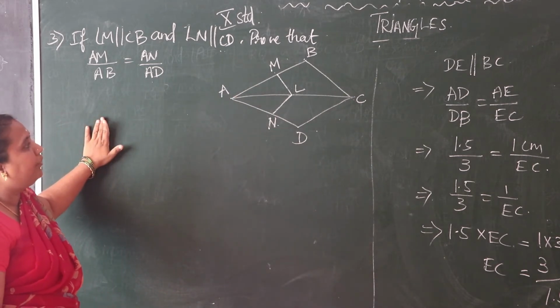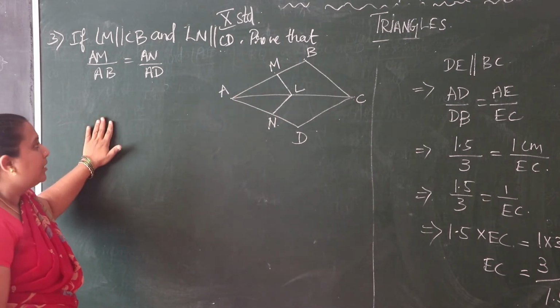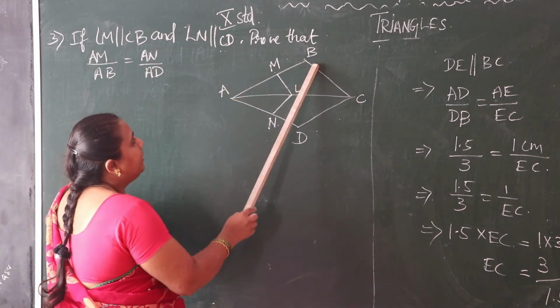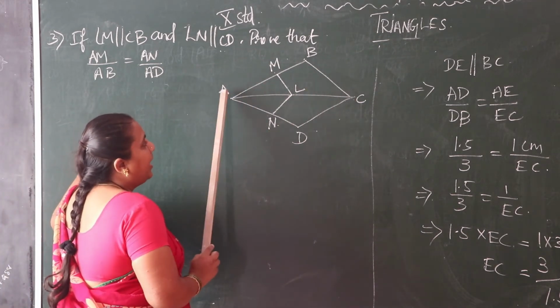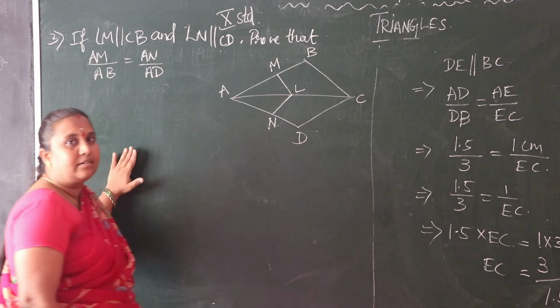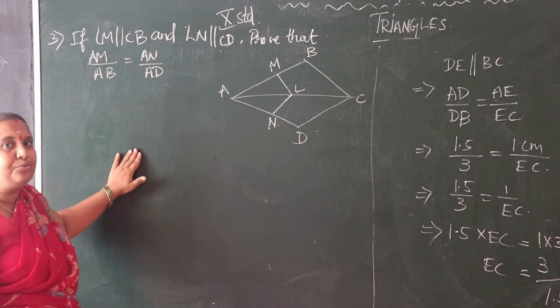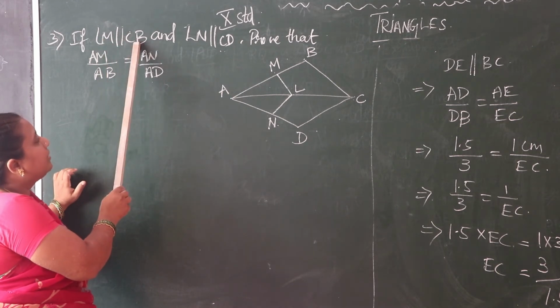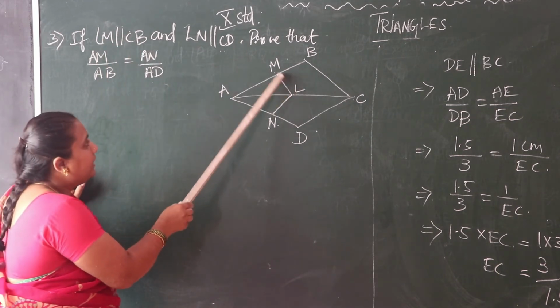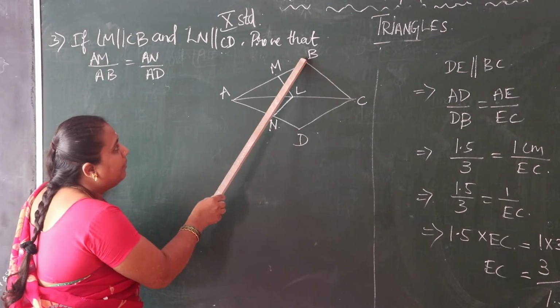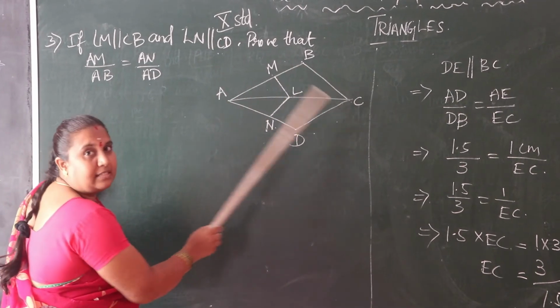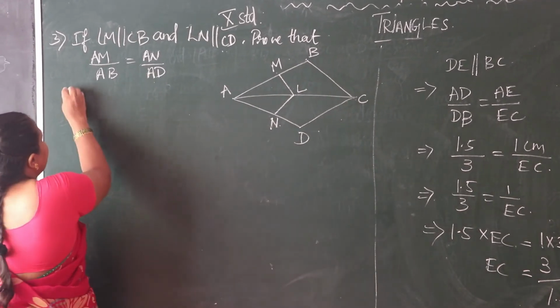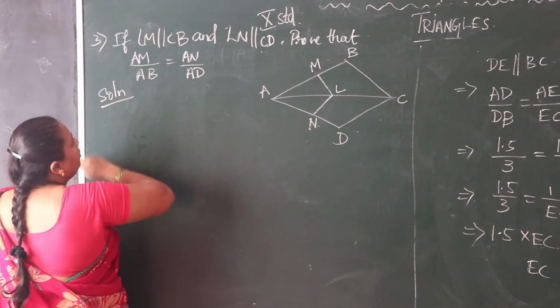We have two triangles in this: ABC is one triangle and ADC is another triangle. We should take two triangles to prove. As it is given, LM is parallel to CB in triangle ABC.